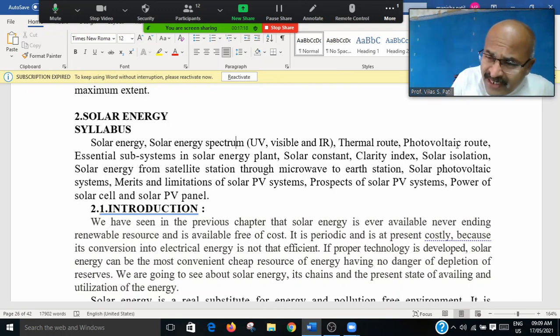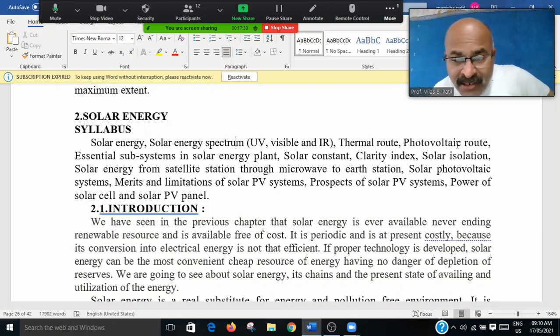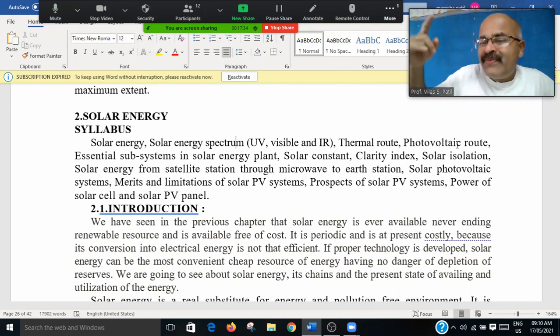Also at night, we do not have any sun radiation. Also in the morning, noon, and evening sessions, there is a difference in the radiation. In the morning, it is very less. At noon, it is very high.